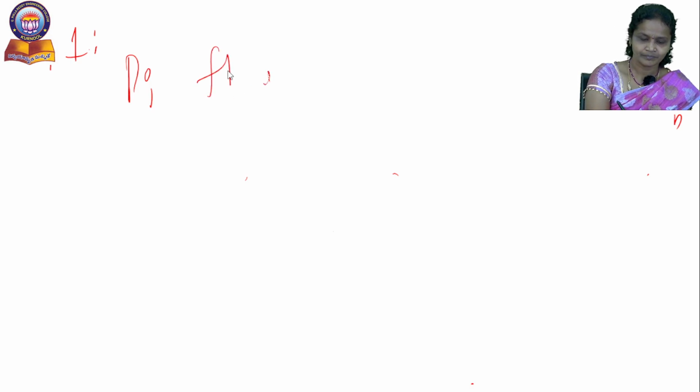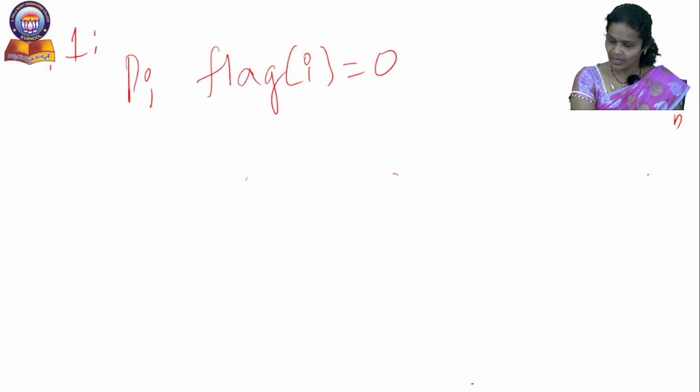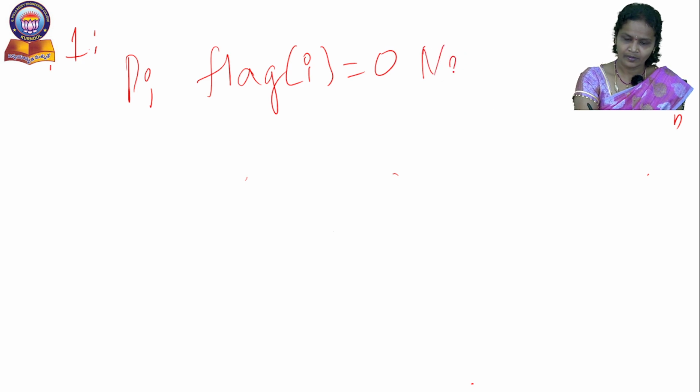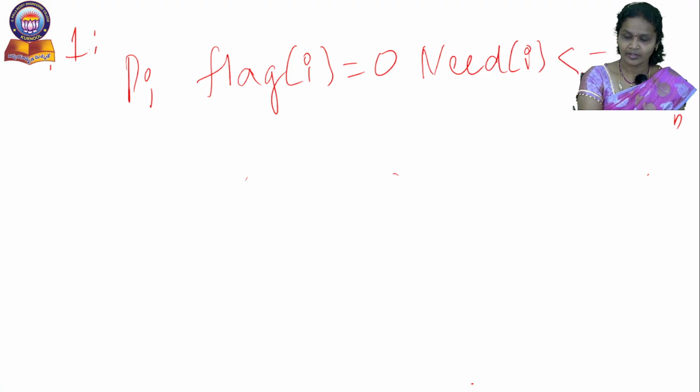So step 4 is: find a process Pi such that flag of I is 0 and need of I is less than or equal to available.